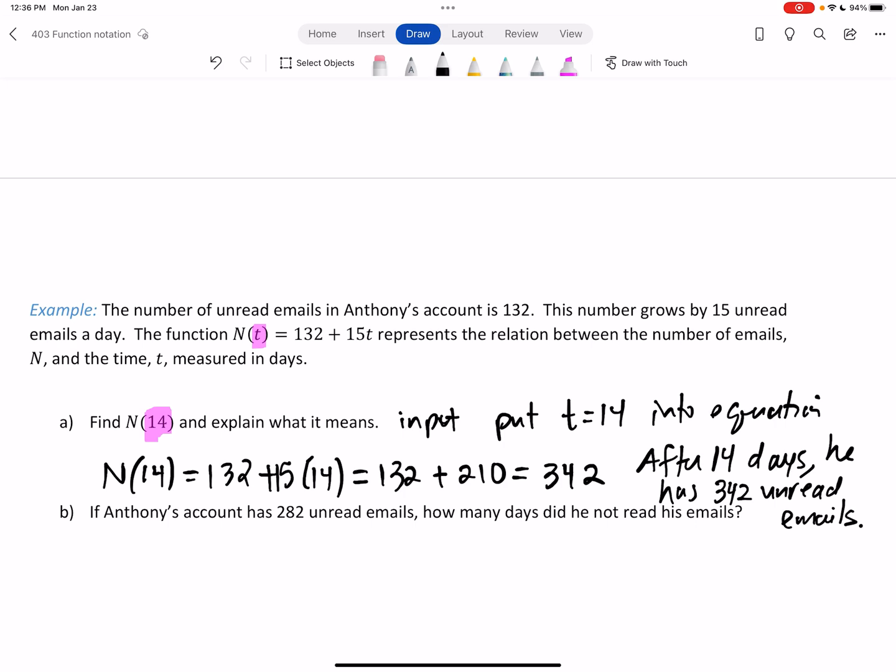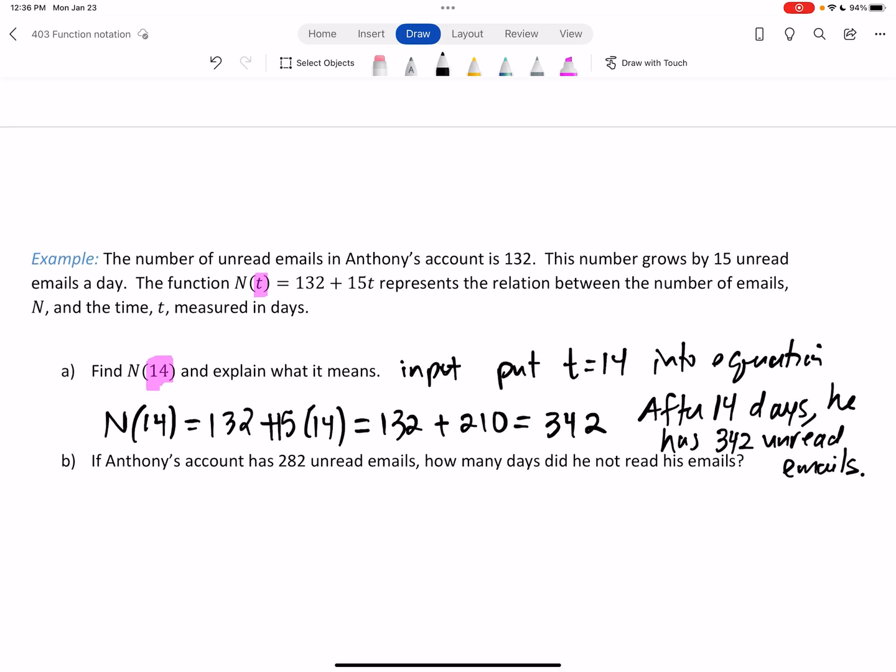If Anthony's account has 282 unread emails, how many days did he not read his emails? So now we have 282. That's my output, and I'm looking for the time t. So I'm going to say 282 is 132 plus 15t, and I'm going to solve for t. So this is what we practiced back in linear equations.